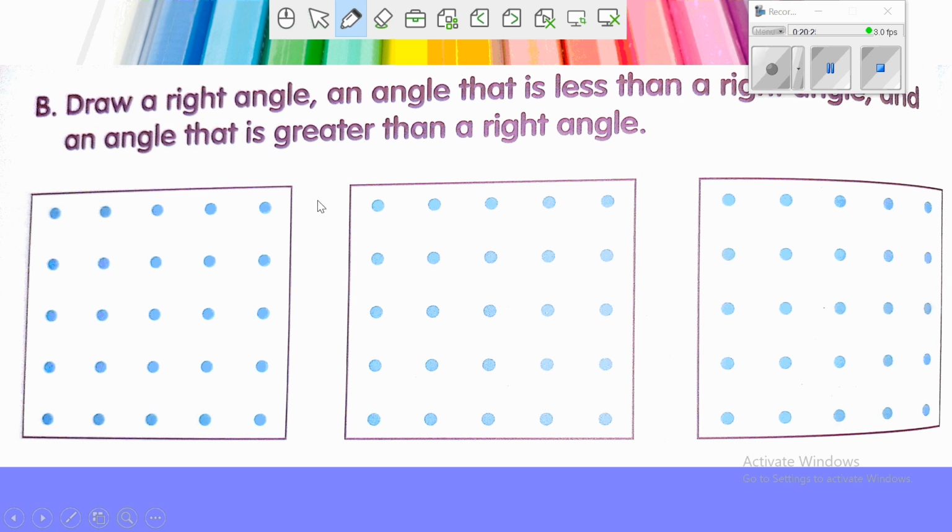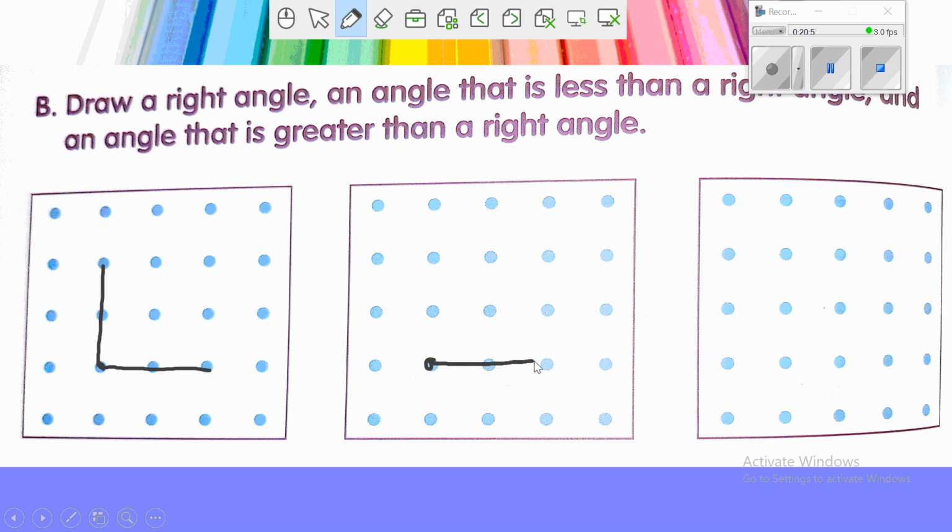Draw a right angle, an angle that's less, an angle that's greater. So easy. I make my vertex and I make the first side.